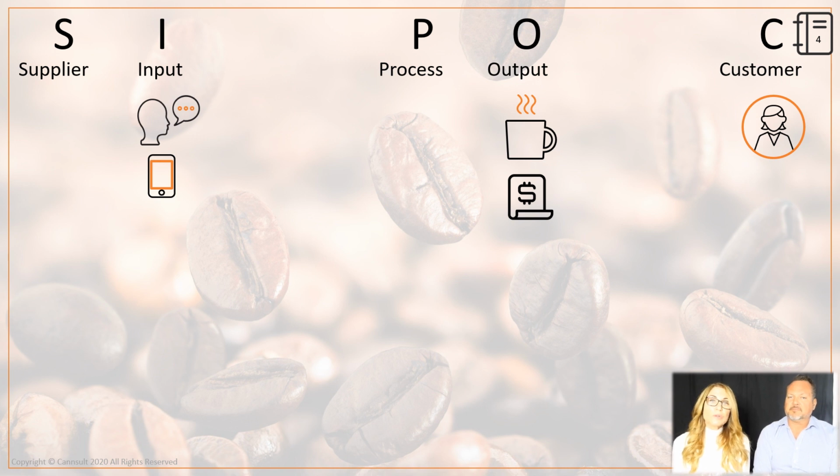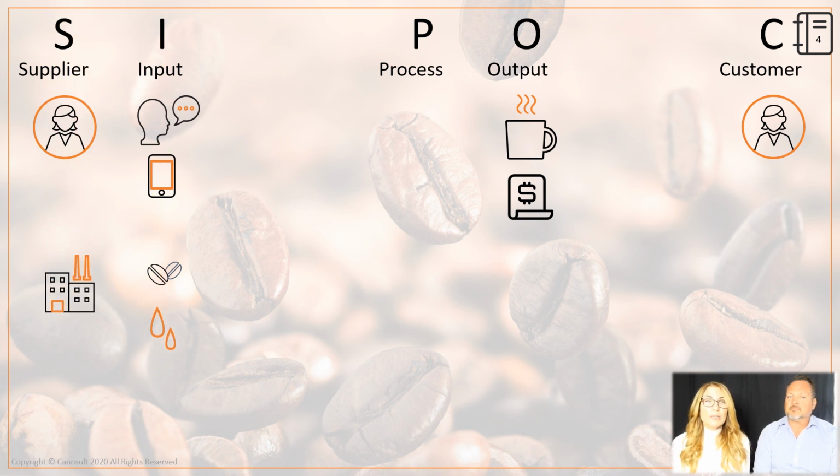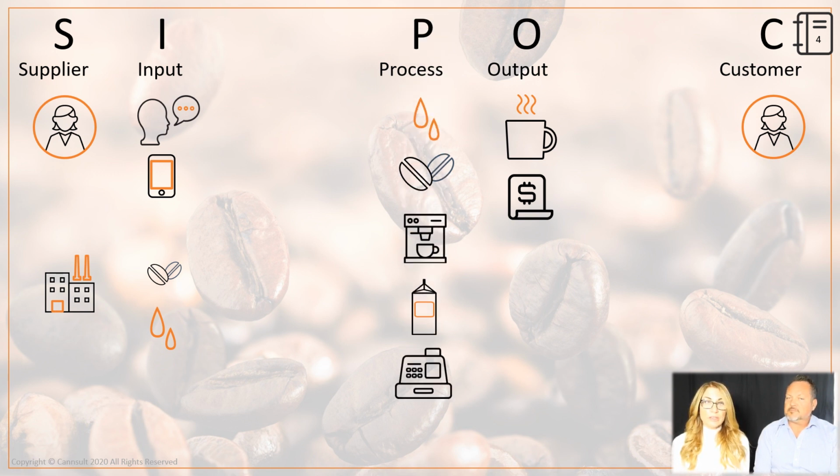And in our project to improve this process, we will also include a different kind of input, the ingredients. An input to the process is the coffee beans and the artisan spring water that comes from the coffee bean producer. The high-level steps in the process are to add the water to the machine, add the beans to the grinding compartment, press on, add condiments, and then prepare the invoice.